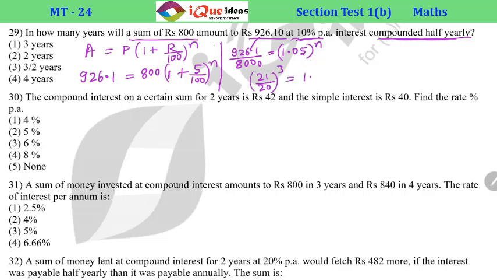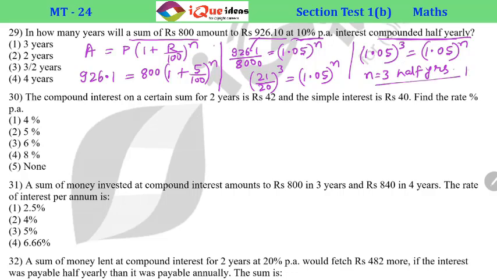It is equal to 1.05 to the power n. Now, 21 upon 20 is actually 1.05. So we have 1.05 to the power 3 equal to 1.05 to the power n. So clearly, n is equal to 3. And it is 3 half years. Now, 3 half years would mean 1.5 years, that means 3 by 2 years. So if you look at the options, the third option, 3 by 2 years, is the correct answer.